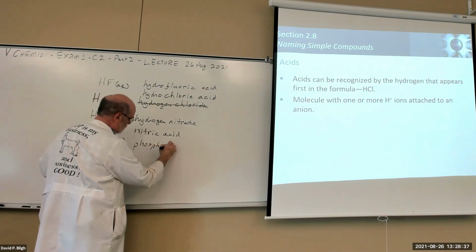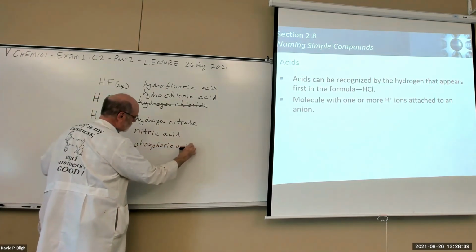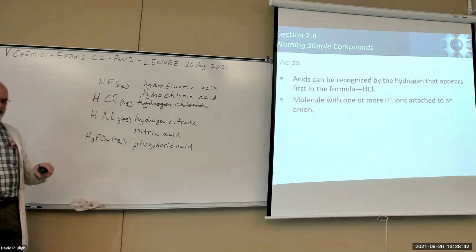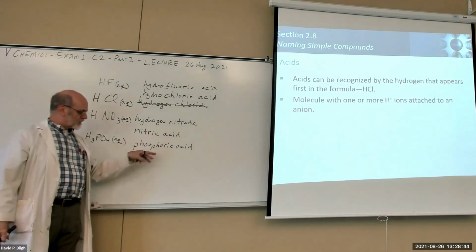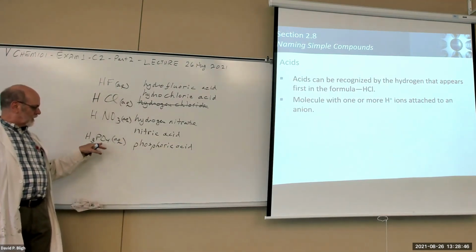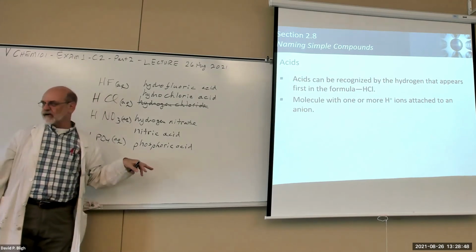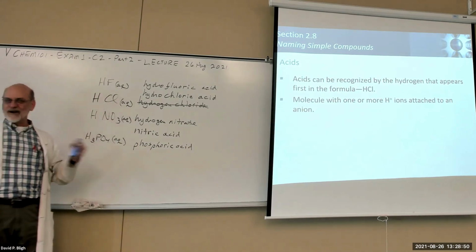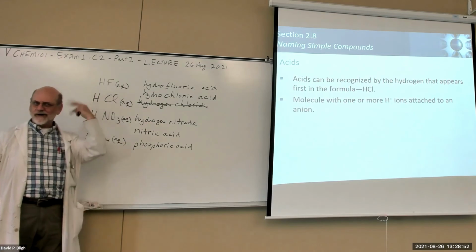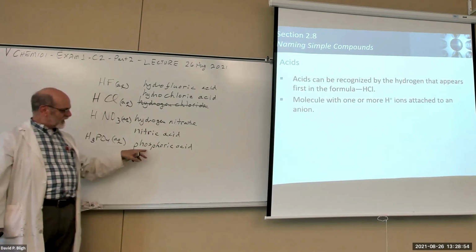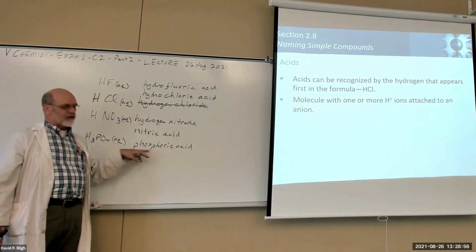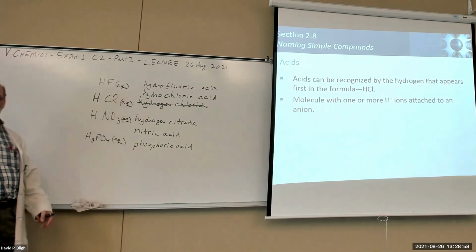Phosphoric. Now that's not strictly speaking, ate becomes ic. Phosphate would become phosphic if we follow that convention, and that just doesn't sound right. So we drag it out a little bit. Instead of saying phosphic, we say phosphoric. Sounds better.